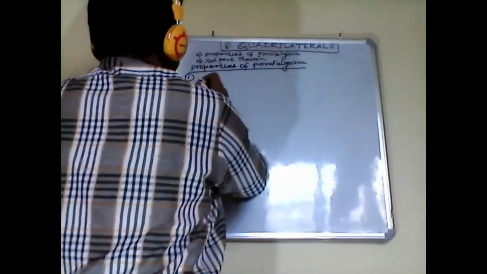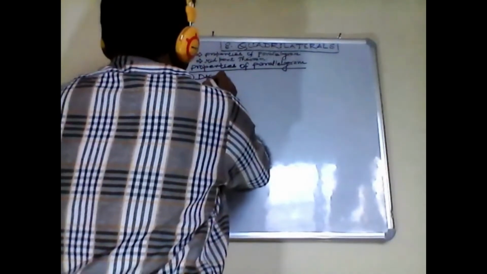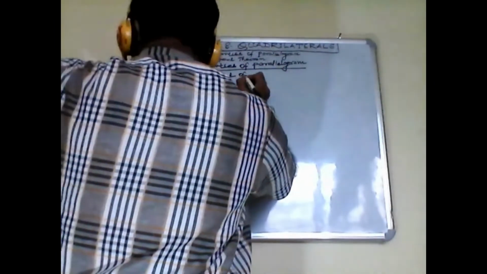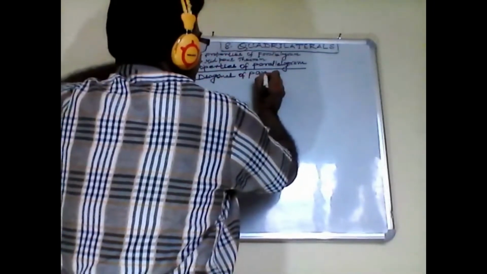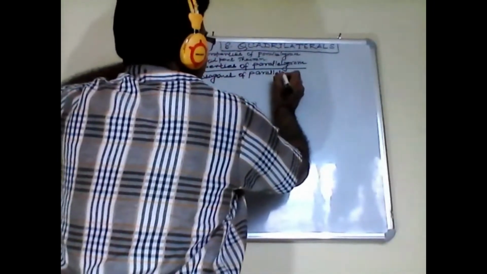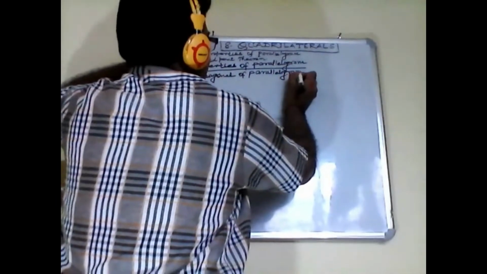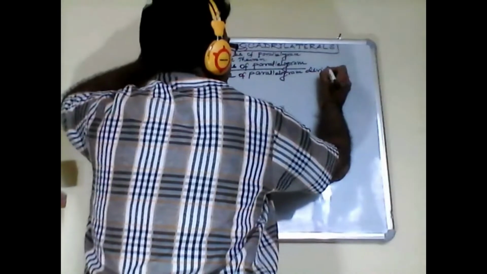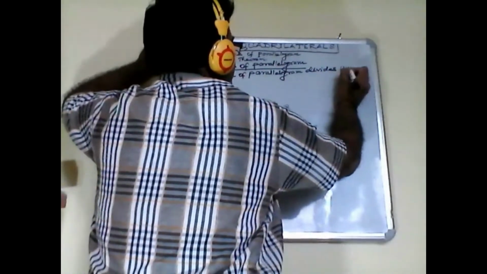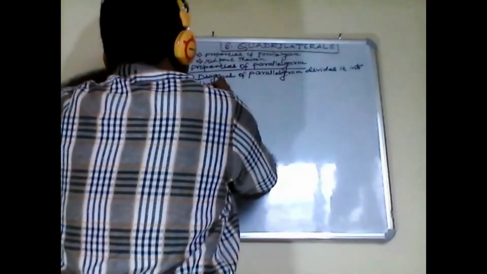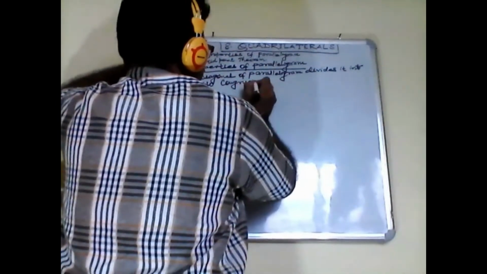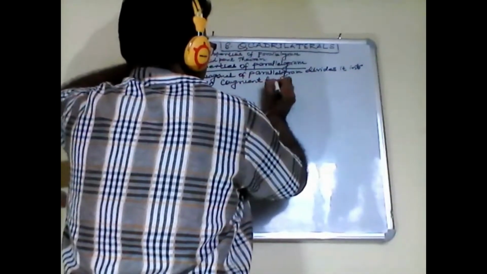Its first property is: a diagonal of a parallelogram divides it into two congruent triangles.